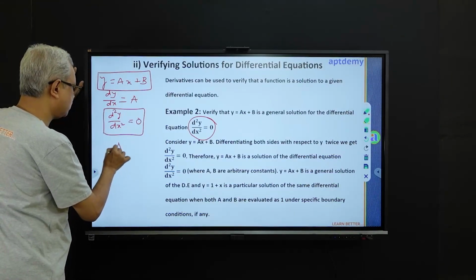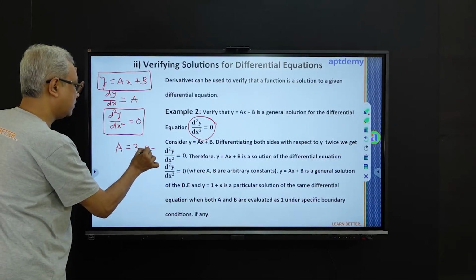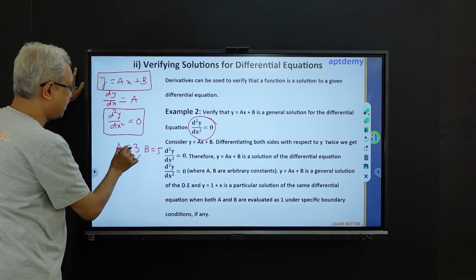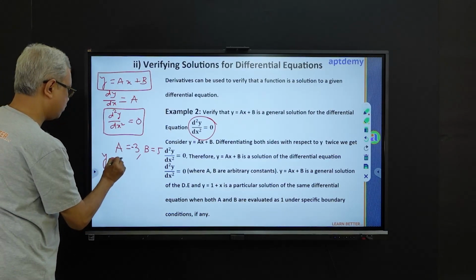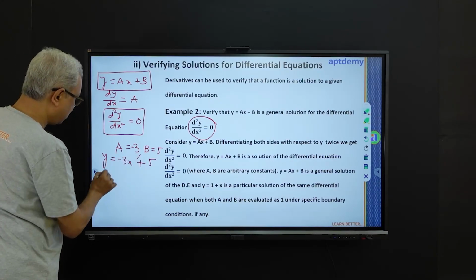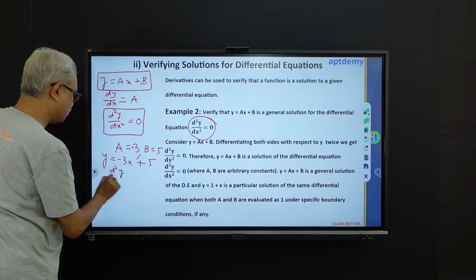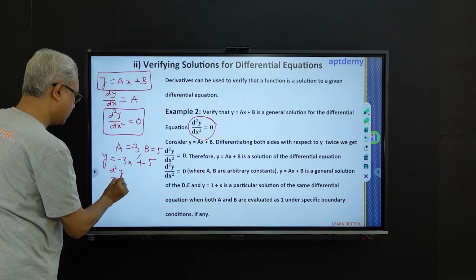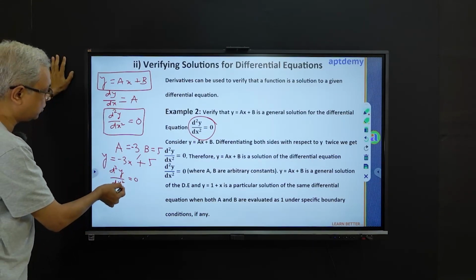Let us consider a equal to 3 and b equal to 5. Say a equal to negative 3, then y is negative 3x plus 5. In that case also d2y/dx square will be 0, because dy/dx is negative 3 and d2y/dx square will be 0.